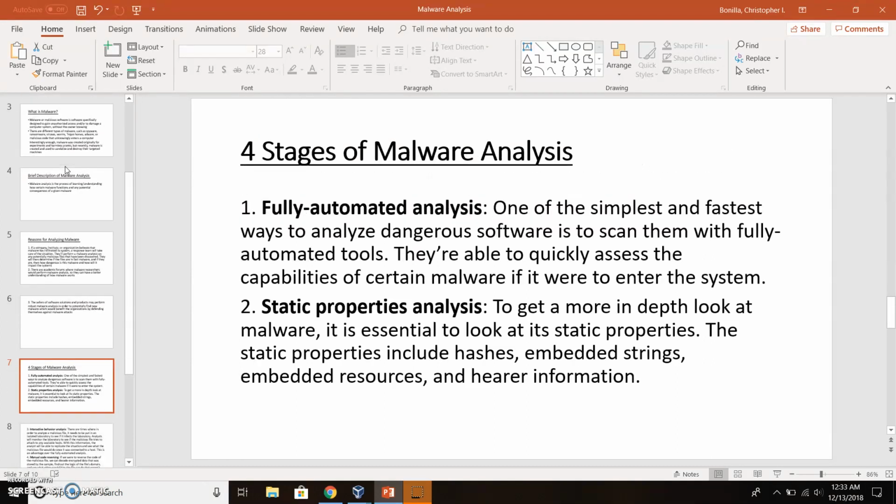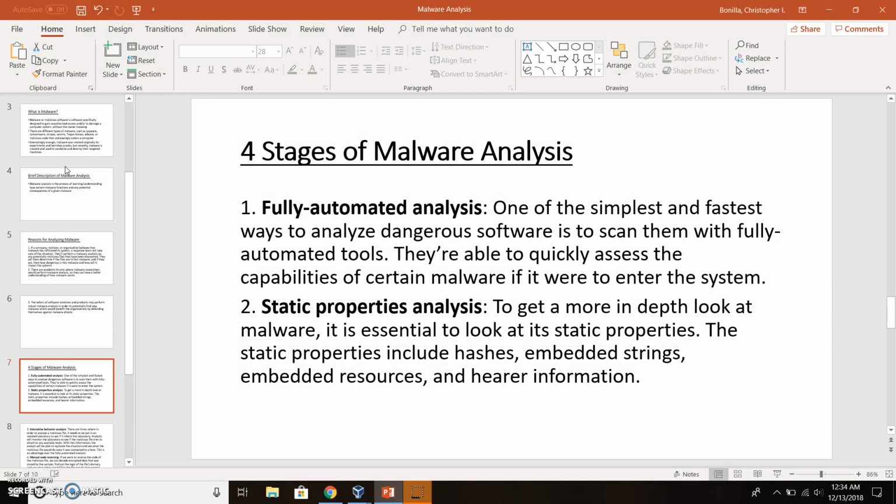There are four stages of malware analysis, one of which is the fully automated analysis. It is one of the simplest and fastest ways to analyze dangerous software, and the idea is to scan them with fully automated tools. They are able to quickly assess the capabilities of certain malware if it were to enter the system.